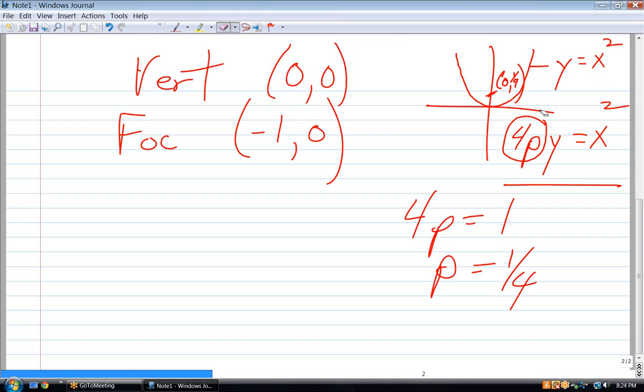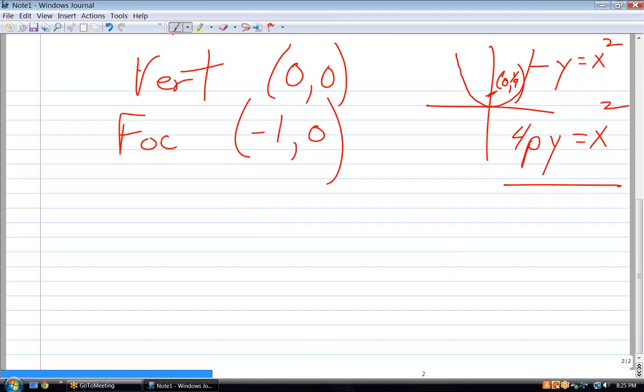Let's make sure you understand that 100%. In other words, we want to be able to start with an equation and have you figure out the focus. Let's start there. So here's the simplest one that we have, y equal x squared. Y equals x squared is our equation.